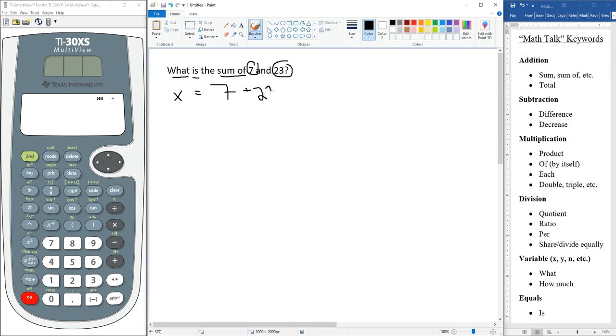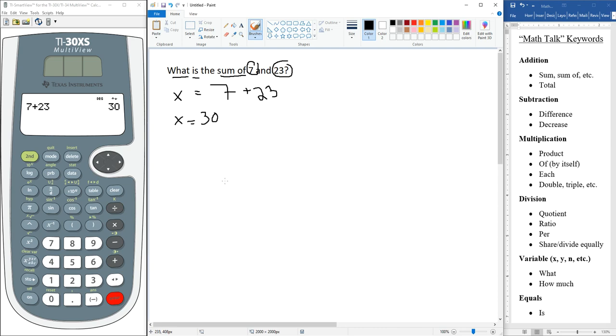So x equals 7 plus 23, and 7 plus 23 is 30. We can check on our calculator: 7 plus 23, enter, equals 30. Perfect. x equals 30. All right, great job.